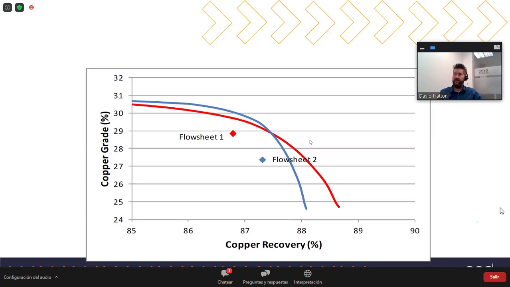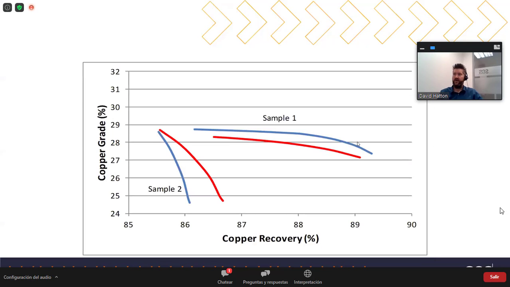However, we may get a situation like this, where at high grades, flow sheet 2 seems to get better results, whereas at low grades, when we're trying to improve our recovery, flow sheet 1 is a better option. And so again, we're left with this conundrum. How do we figure out what is the best flow sheet?